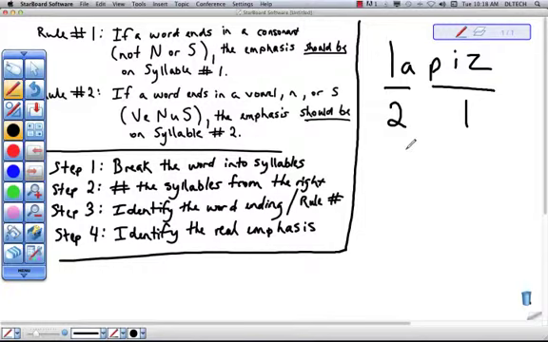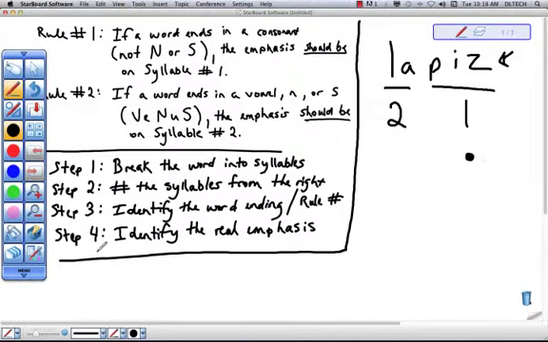It ends with a Z, which is a consonant. The only rule that says anything about consonants is number 1. It ends with a consonant that's not an N or an S. So according to the rules, the emphasis should be on this syllable right here.